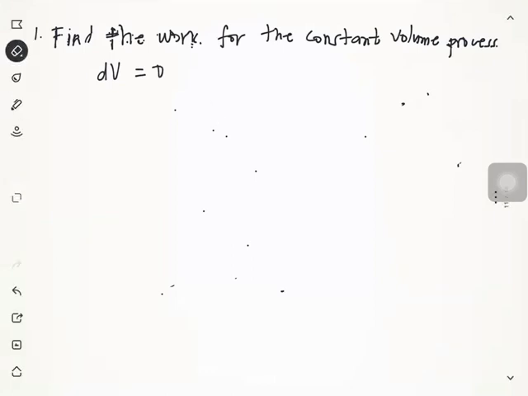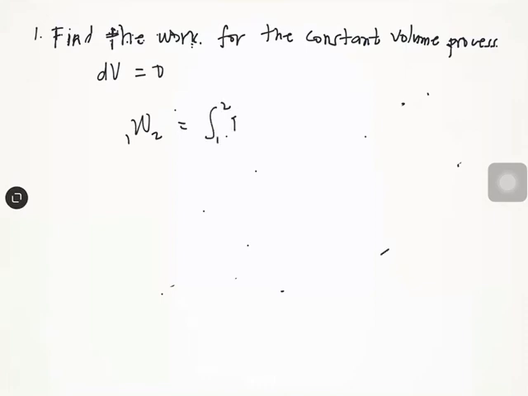So from our equation, we have here this one, work from 1 to 2. This is the integral from 1 to 2 of p dV. Since this is a constant volume process, this dV here is equal to 0.